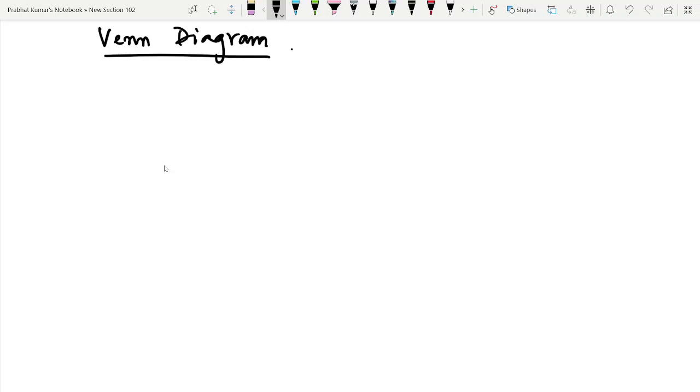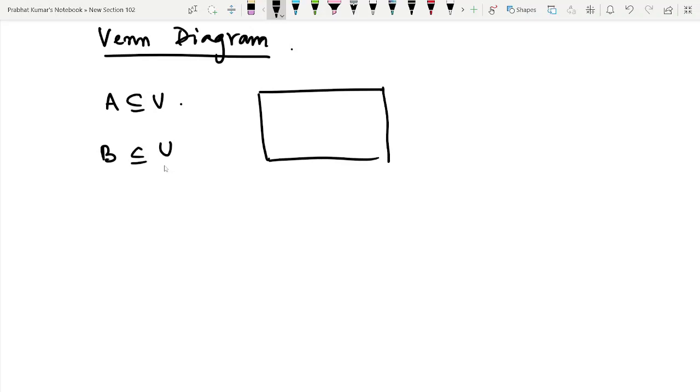Suppose I have a set A, which is a part of the universal set U. I have a set B, which is also part of the universal set. So the universal set may be represented using this box. This is the whole universe, and this may be A, and this may be B.